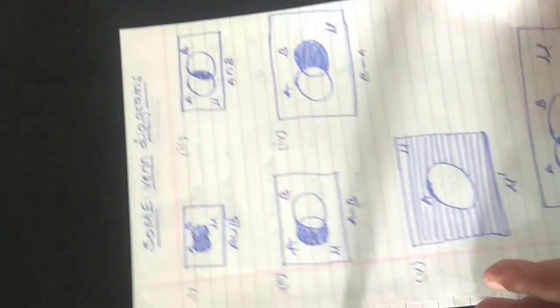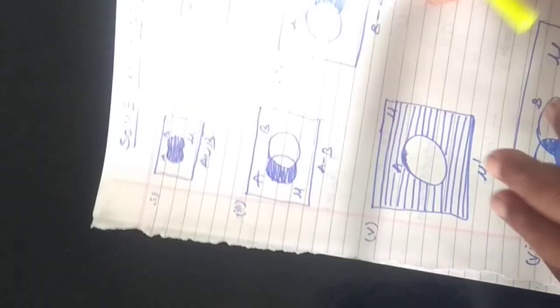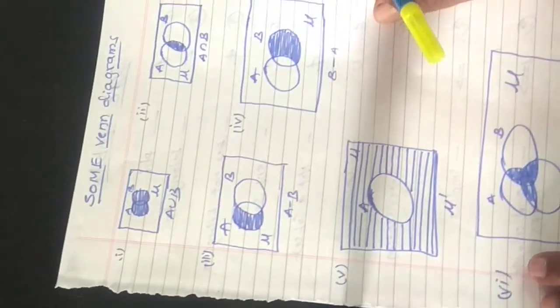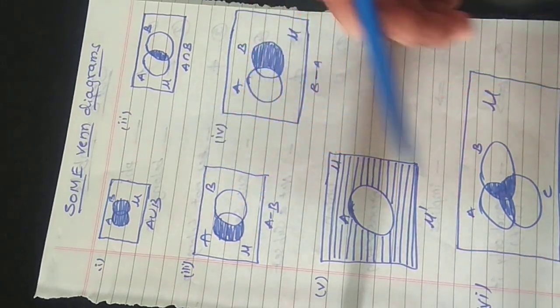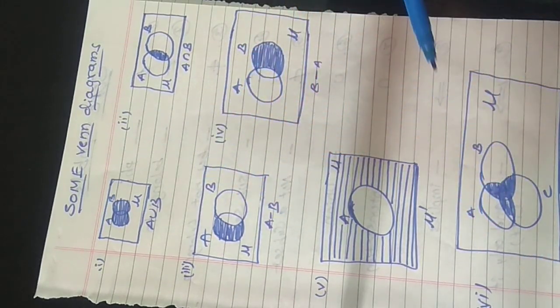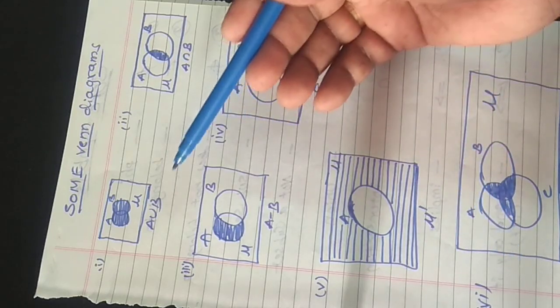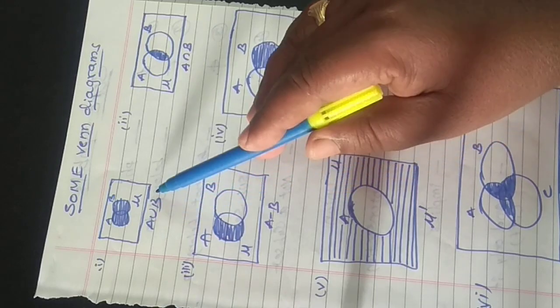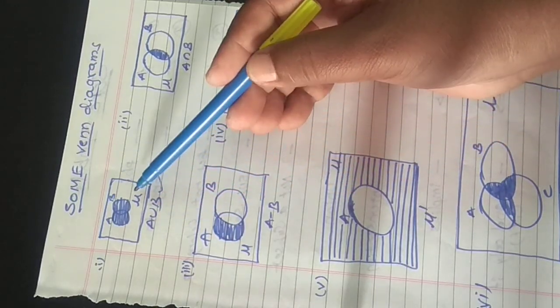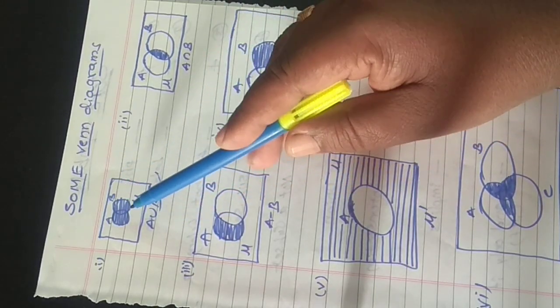Next, we are going to learn about some Venn diagrams. You see here we drew 6 Venn diagrams. Number 1, A union B. A union B Venn diagram like this.